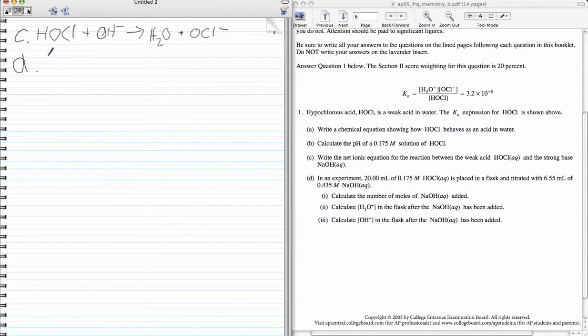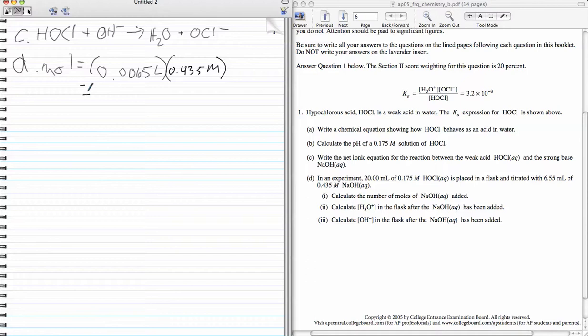Okay, and so remember, molarity times volume will give us moles. So in this case, our moles will be equal to, again, we have milliliters there, so we need liters. 0.00655 liters times our 0.435 molar NaOH solution.